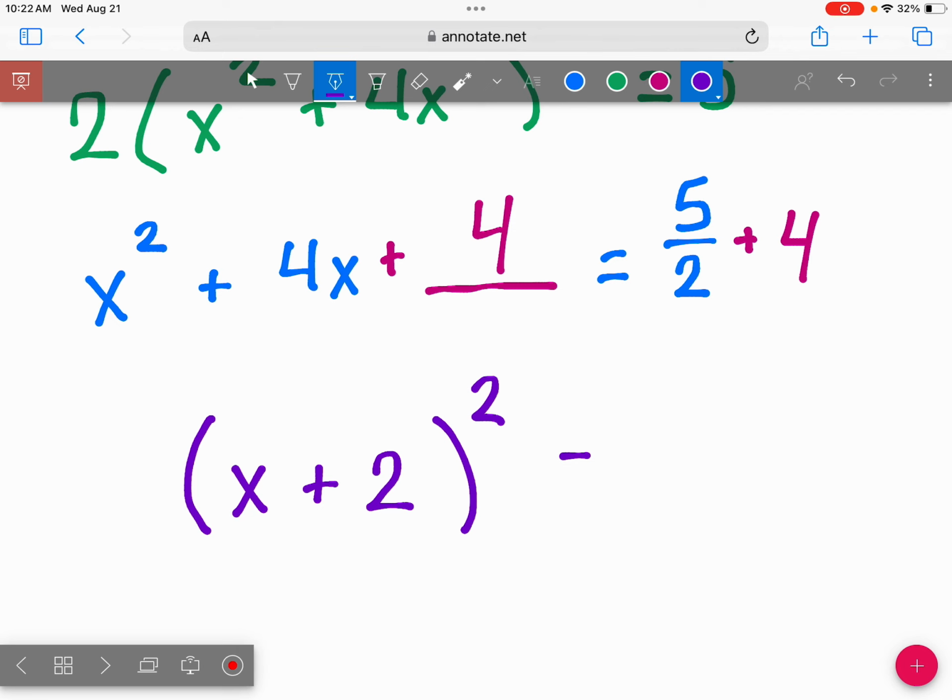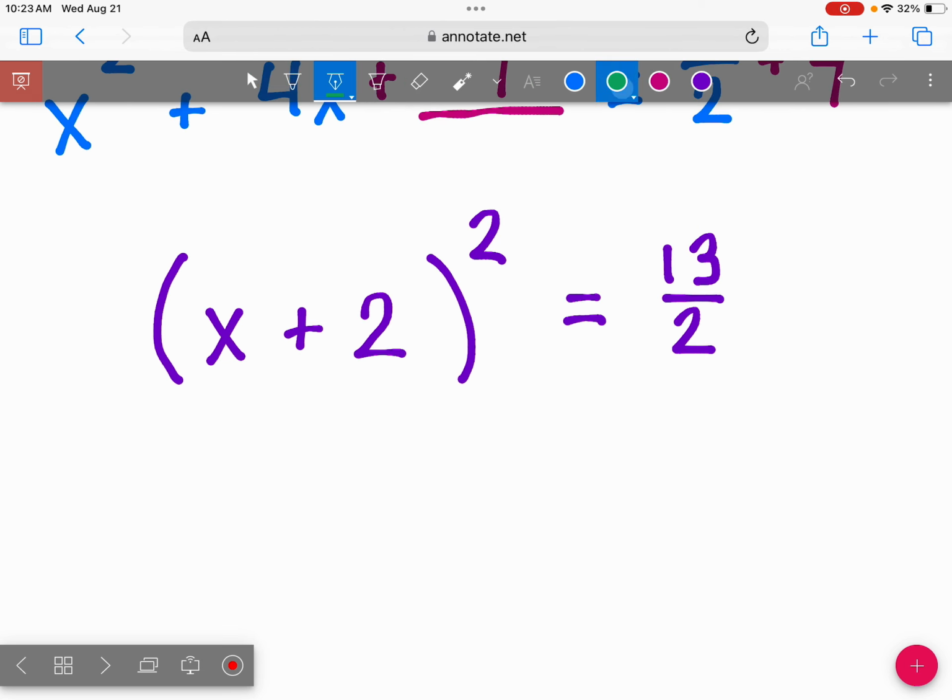And it's going to equal what? 13 halves. 5 halves plus 4, but let's simplify it. 13 halves. We can leave things as improper fractions. Totally fine. Still trying to solve this. What do we do next?